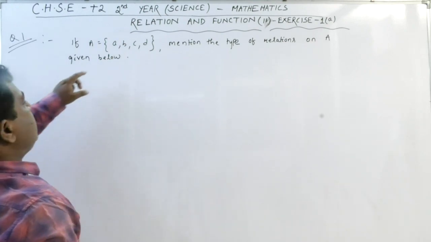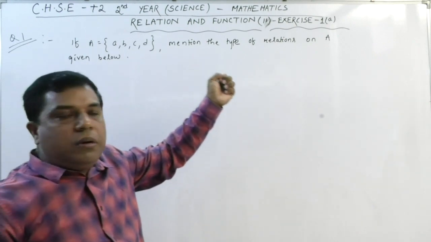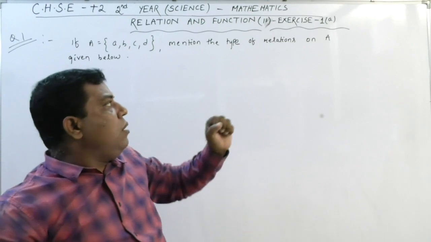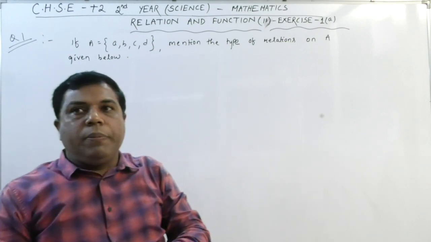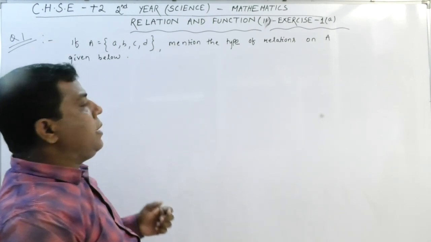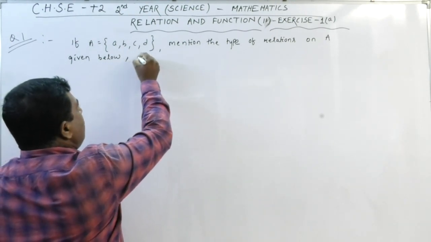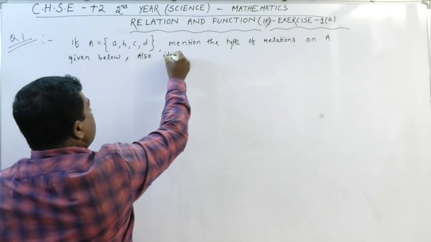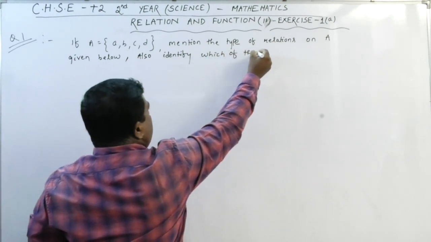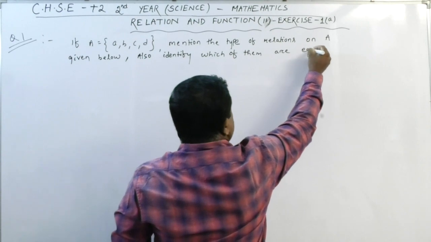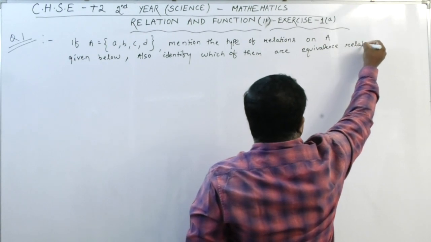So a set is given, containing the elements A, B, C, D, and we have to track out what the relations on A are, and mention under what type of category each falls, and also identify which of them are equivalence relations. So this is question 1.